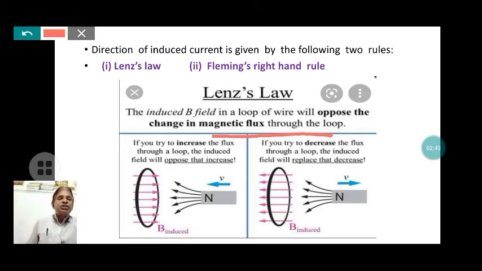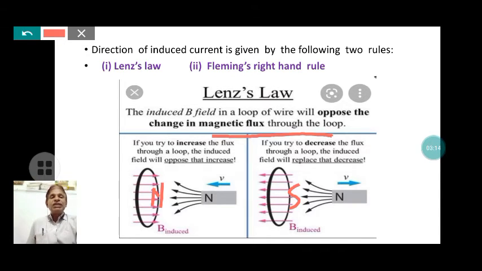If you try to decrease the flux through a coil by moving a magnet away, the induced field will oppose the decrease. The magnetic flux linked with the coil decreases, and this decrease is opposed by making a south pole here. Now the coil becomes a south pole on this face and a north pole on the other.